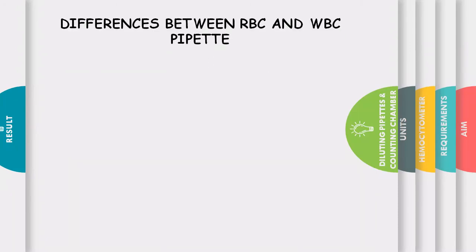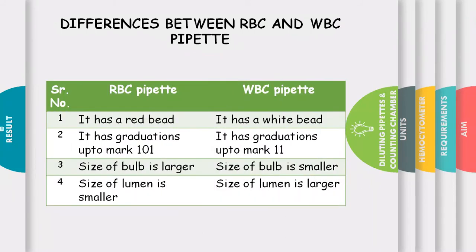Next are the differences between the RBC and the WBC pipette. First, the RBC pipette has a red bead and the WBC pipette has a white bead. Second, the RBC pipette has graduations up to mark 101 and the WBC pipette has graduations up to mark 11.